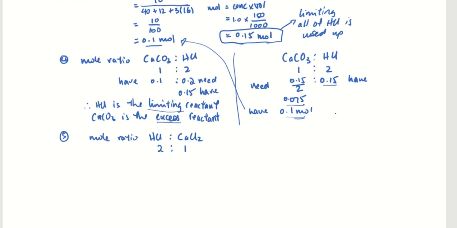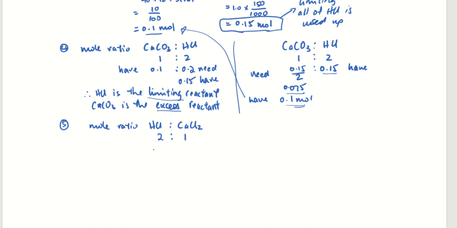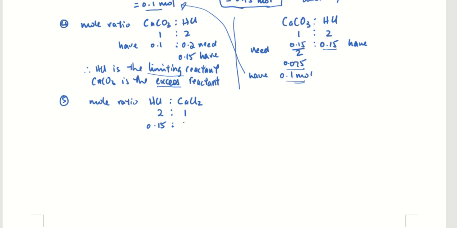Okay, so the ratio will be 2:1, so 0.15 mole of hydrochloric acid will produce 0.15 divided by 2, which gives us 0.075 mole of calcium chloride formed.